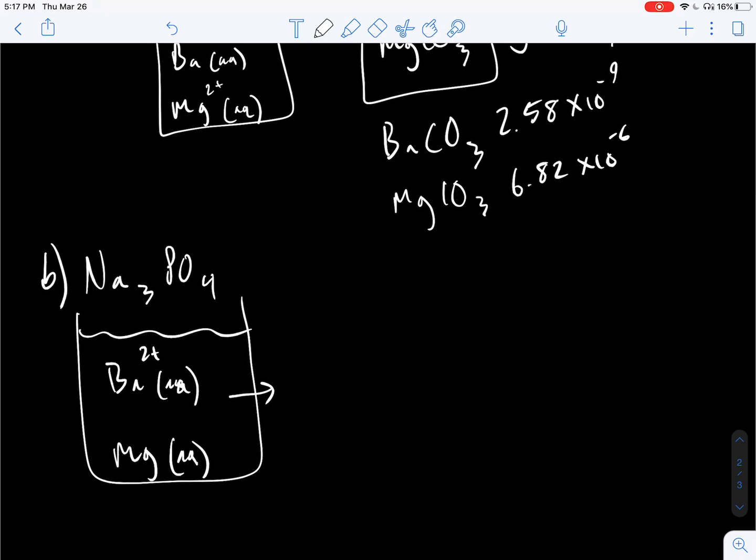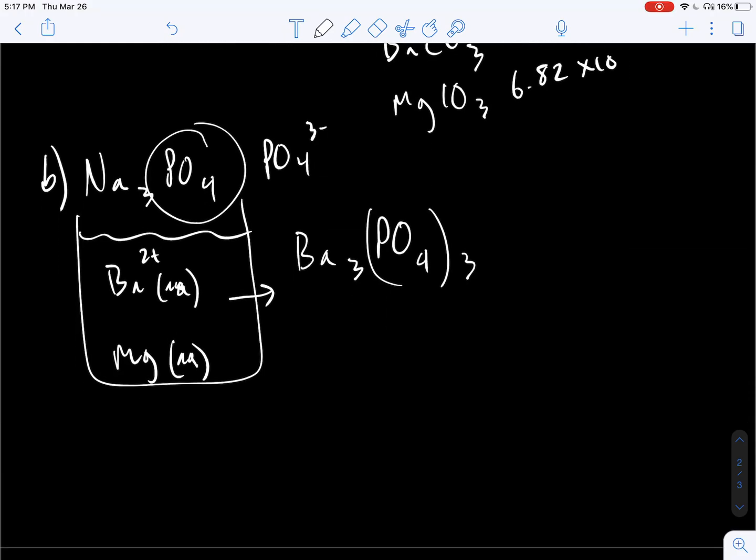Well, we're using the phosphate anion, PO4 3 minus. So I'm going to form barium phosphate and magnesium phosphate. Little mistake there. That should be a 2.